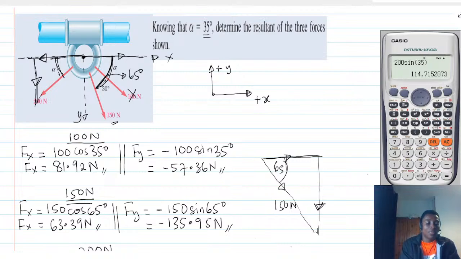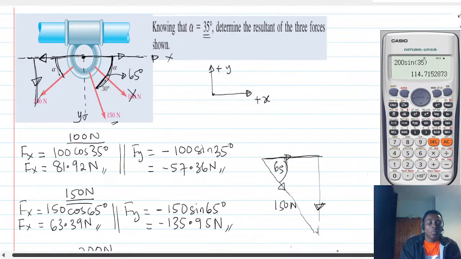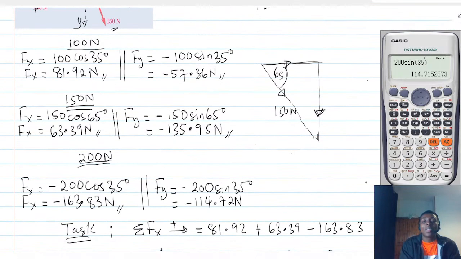All right. Okay, so now I want us to move to equilibrium of particles.